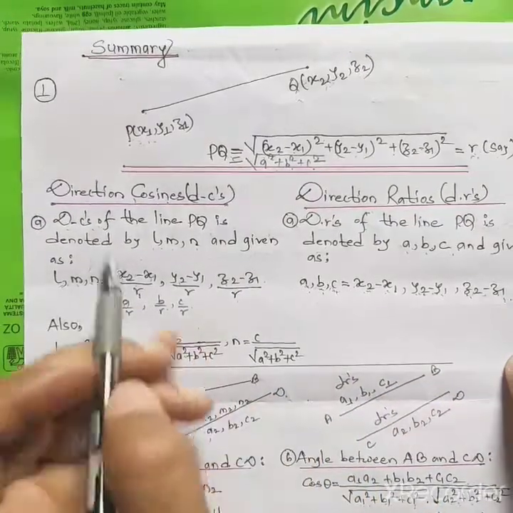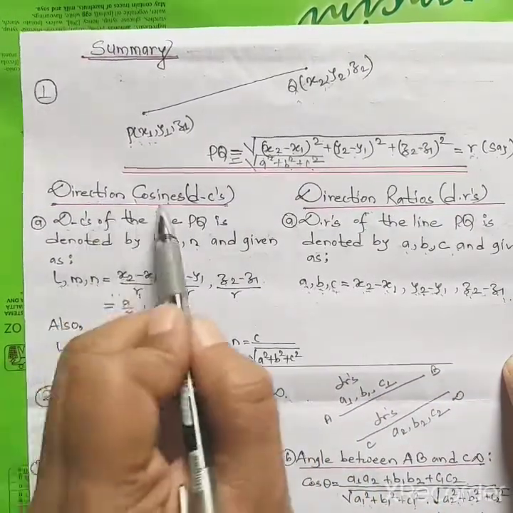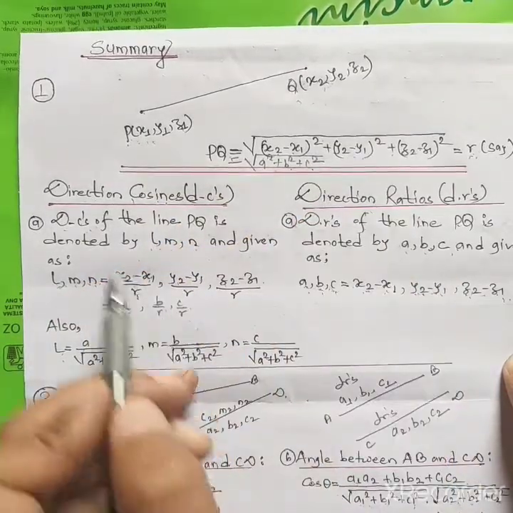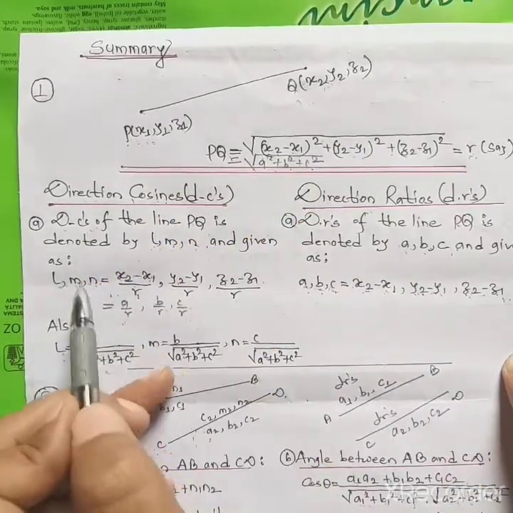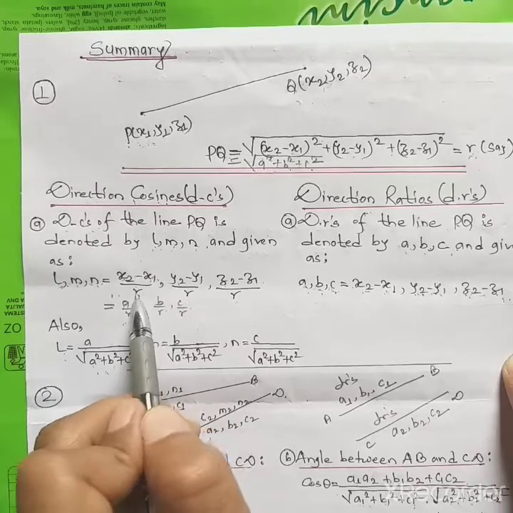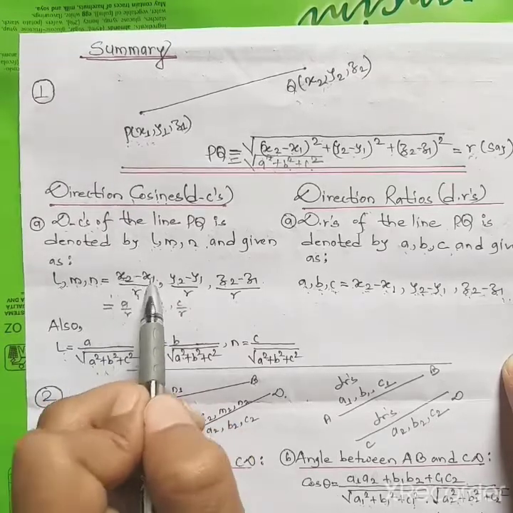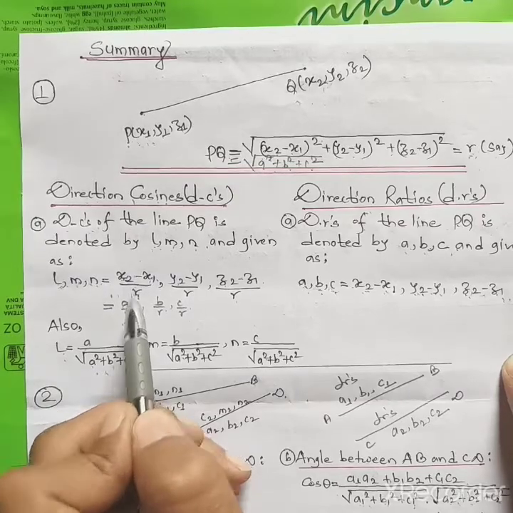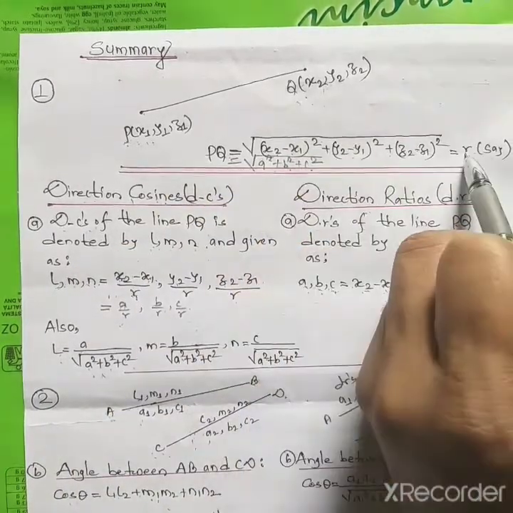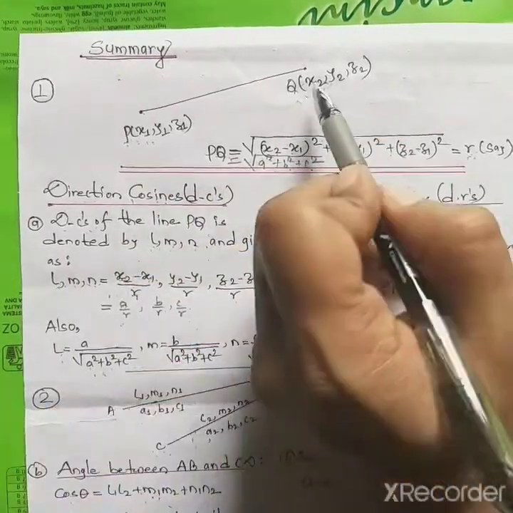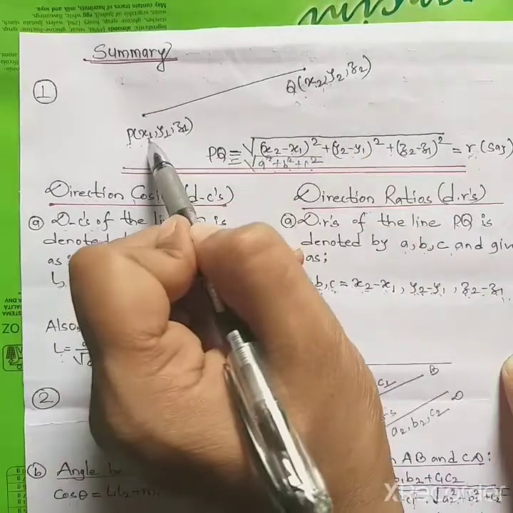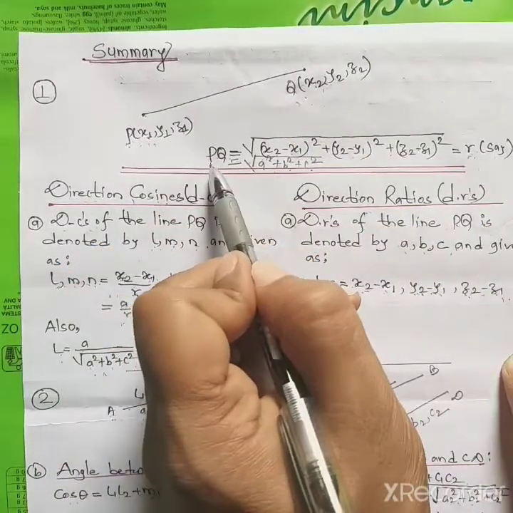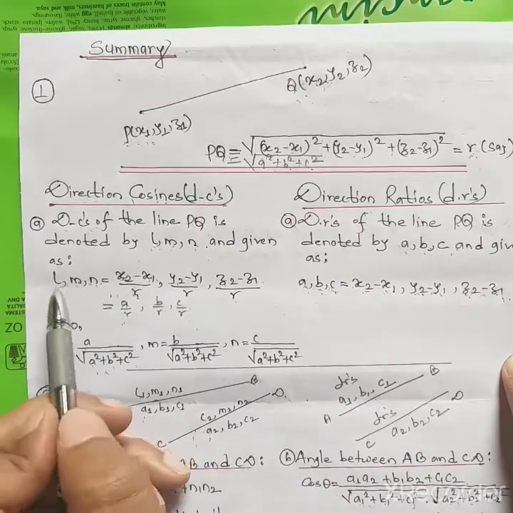Similarly, the direction cosine of this line PQ is denoted by l, and we can calculate it as x2 minus x1 upon r. That means x2 minus x1 is the direction ratio, and r is the length of PQ. So if we subtract the initial coordinate from the final coordinate and divide by the length of the line segment, we get the direction cosine.